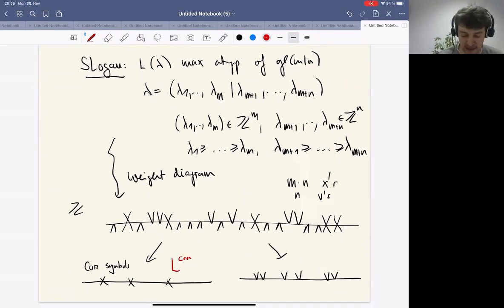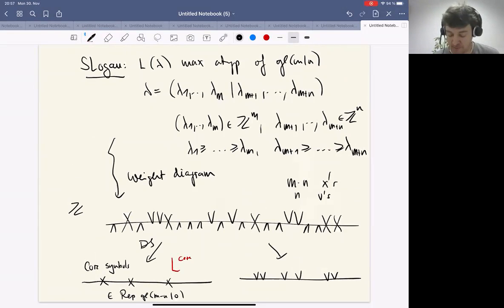So this is basically when you would take DS to this weight diagram, and you go down all the way till GLM minus N, that's what you get with a certain multiplicity. So that's one ingredient.